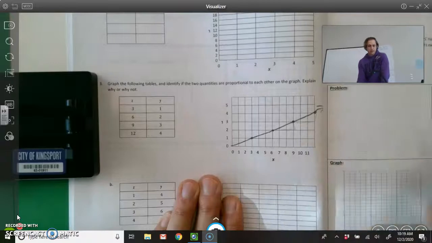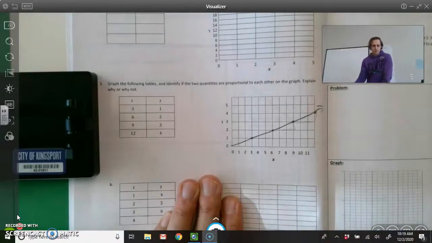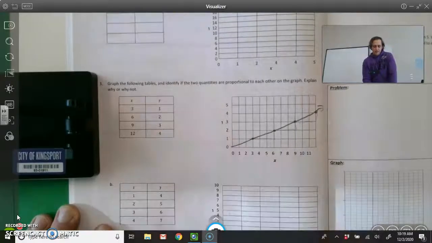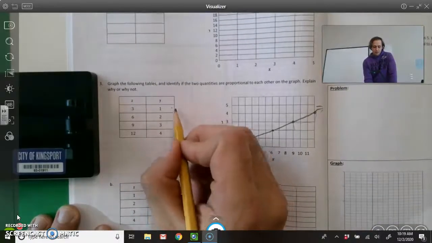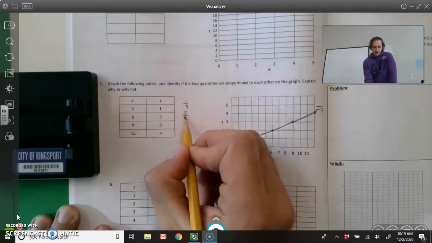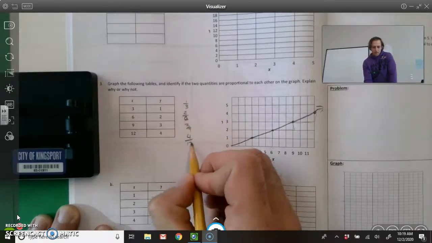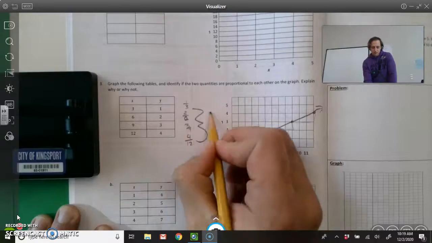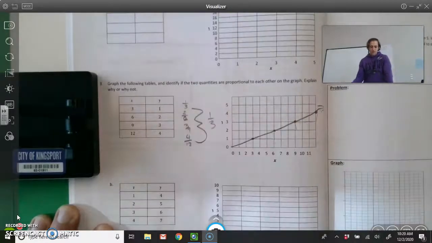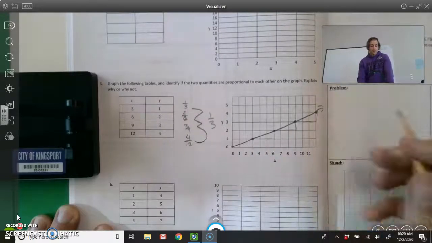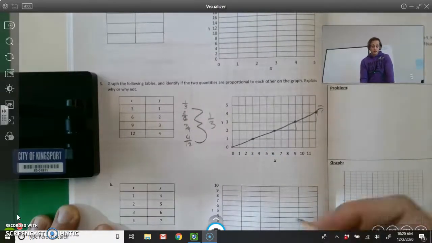That's how I know that's a line, because it's continuing to change at the same rate. And I can test over here in the table. This is 1 divided by 3, 2 divided by 6, 3 divided by 9, 4 divided by 12. Every one of these is going to equal 1/3. So I have a constant. It goes through 0, 0. It's a straight line. All the criteria checks out.